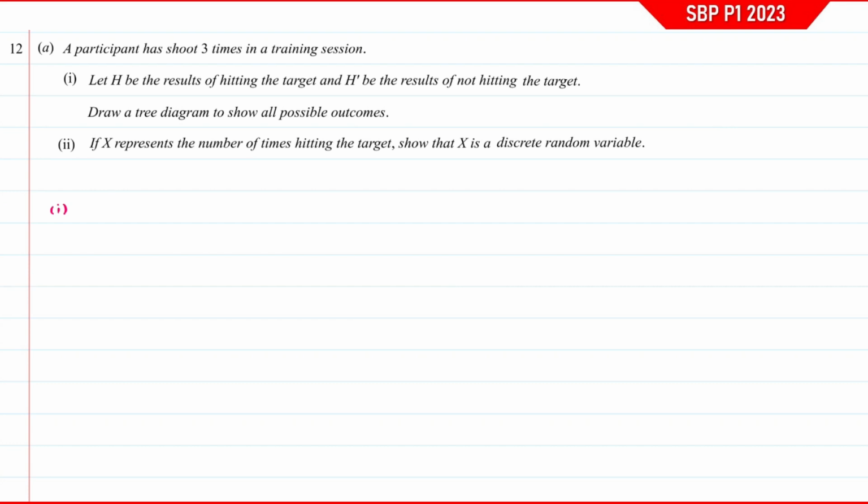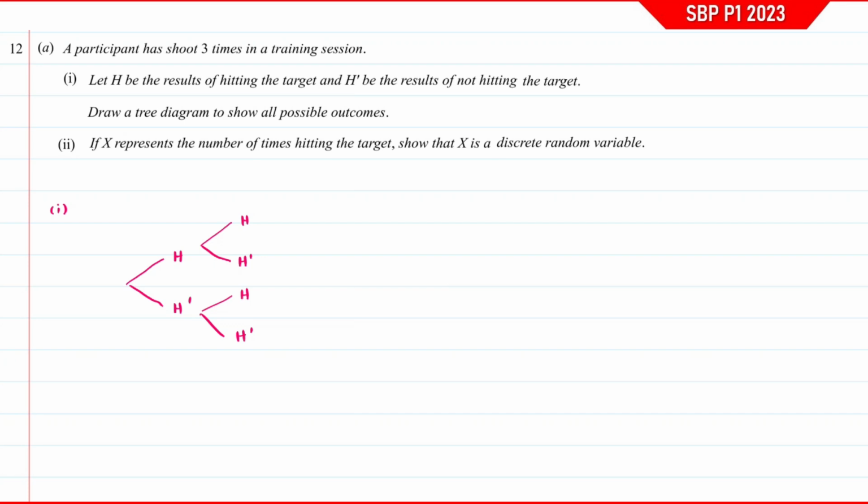So for the first shooting, the result can be either the participant hits the target or does not hit the target. And for the second shooting, it can hit the target or not hit the target again. So we're going to get H and H prime here.